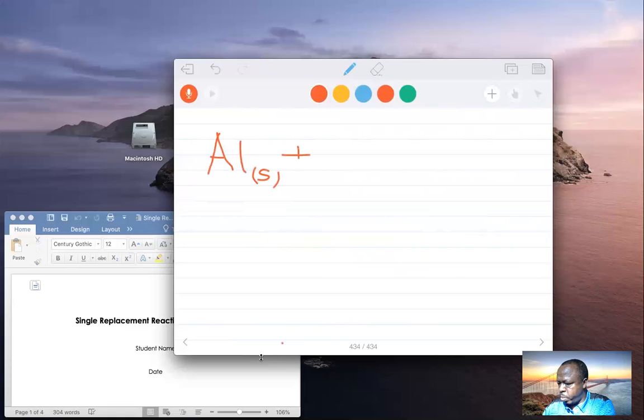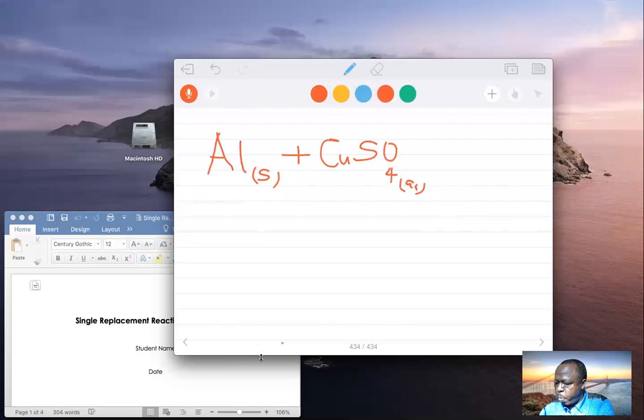You should be able to write the chemical formulas for your reagents. This is aqueous, all right? Aqueous, it is in liquid form, dissolved in water.